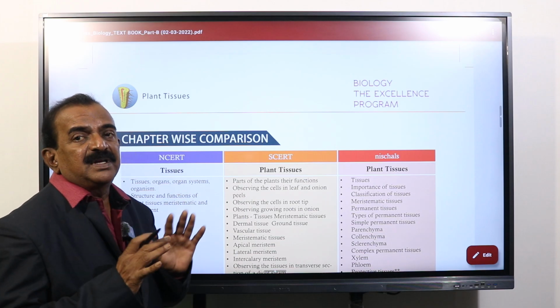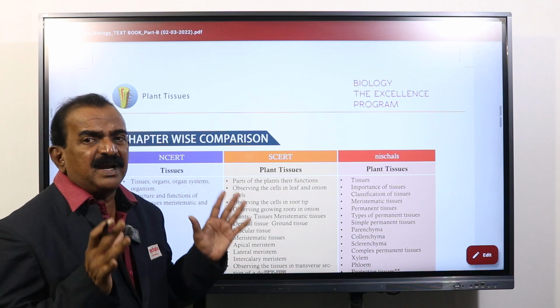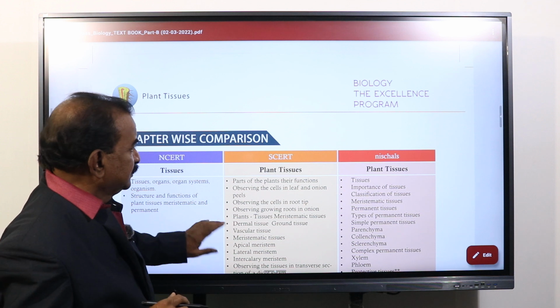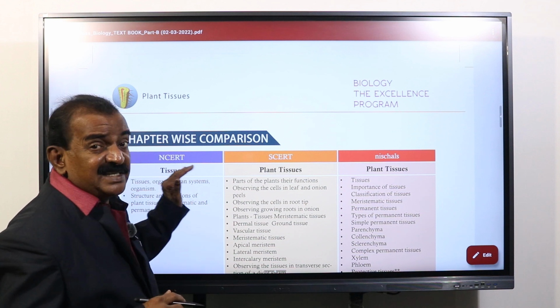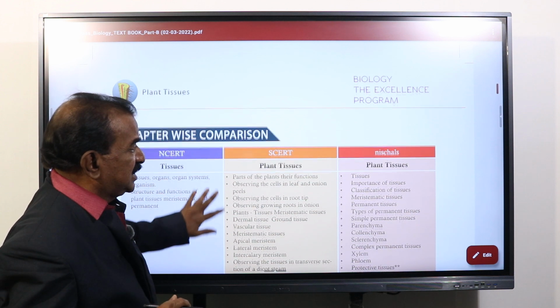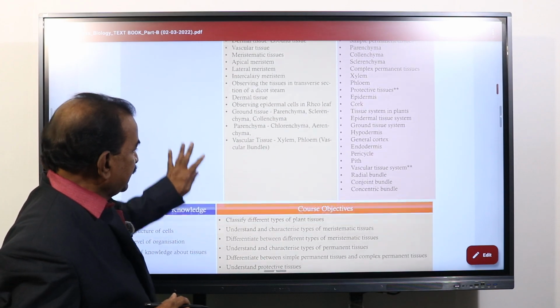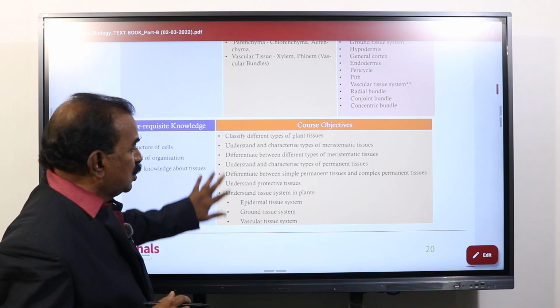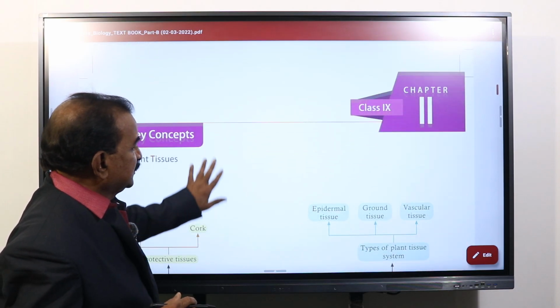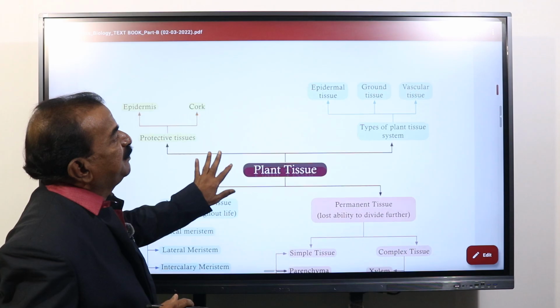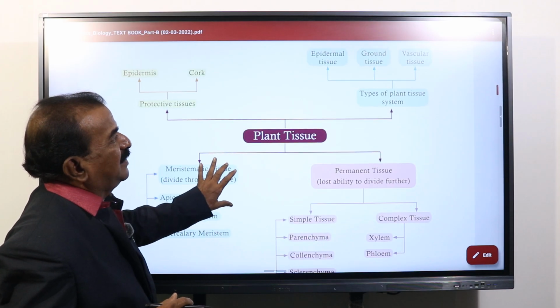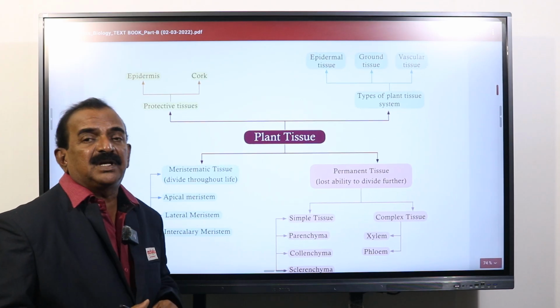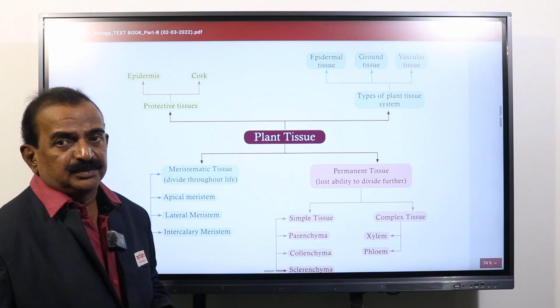So here you are observing the chapter wise comparison in our textbooks based on NCERT, SCERT and also Nischals textbook, and you are observing prerequisites and also course objectives. This is an important page, and this page is giving you the complete information about plant tissues.